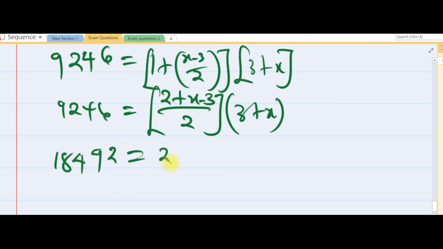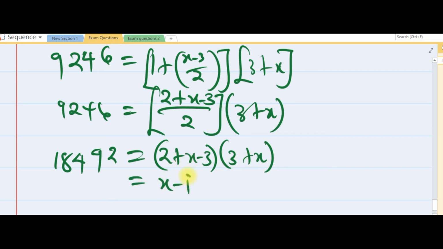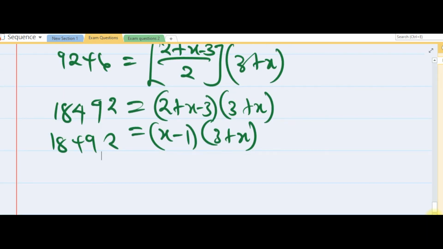While here we are left with 2 plus x minus 3 times 3 plus x. And what is this? This should be x minus 1 times 3 plus x, while here is 18,492. It seems this is turning into a quadratic equation, as you can see.